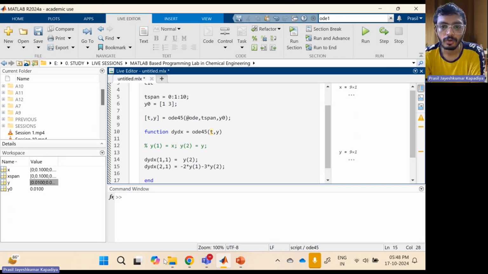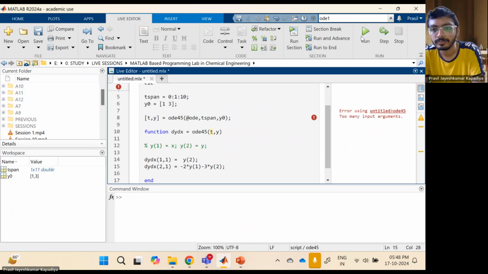So let's now run the solver and see what we are getting. Okay, there are too many arguments. Okay, here we don't need t.